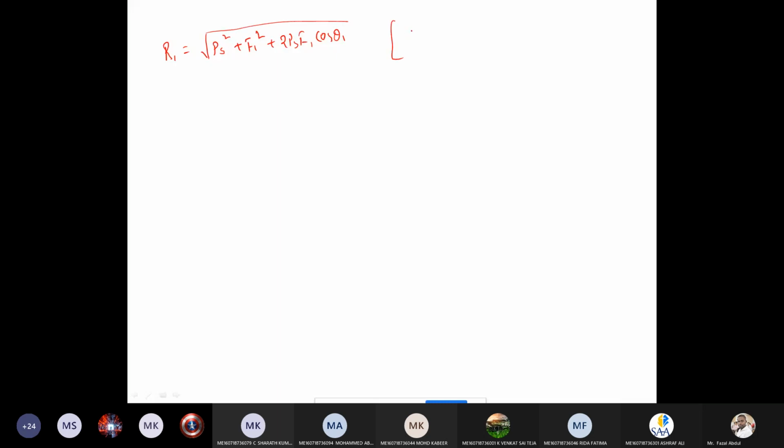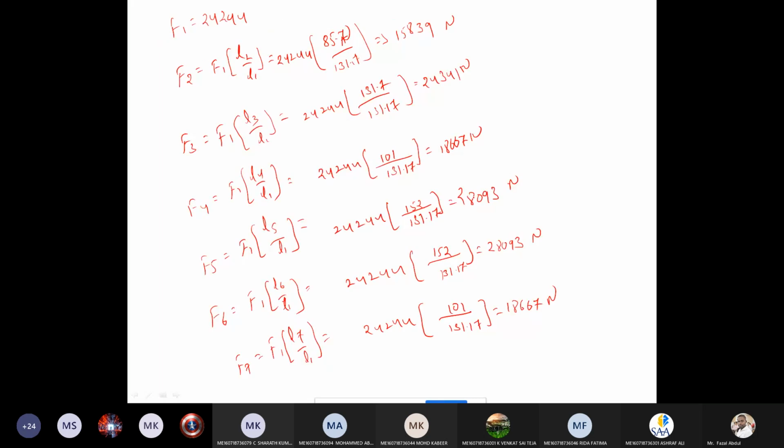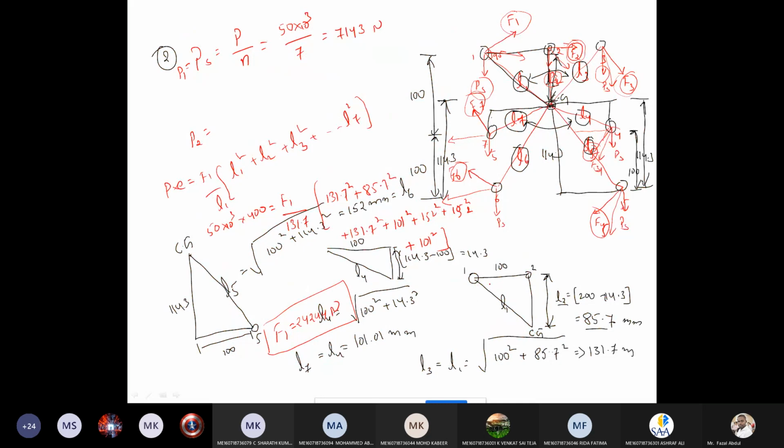So theta 1, how much? Suppose if you draw the separate triangle, it is already drawn. This is the first rivet and this is theta 1. So cos theta means 100 by L1. L1, how much did we get? 131.17.